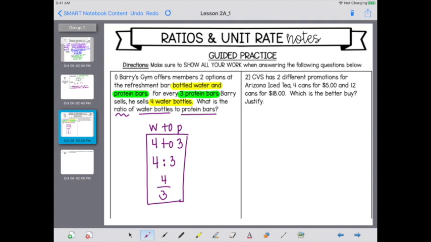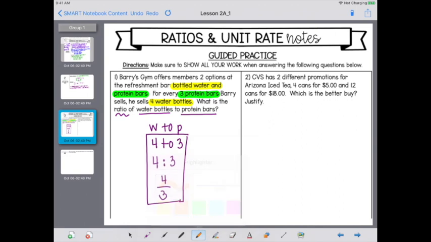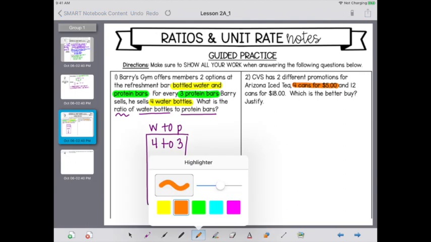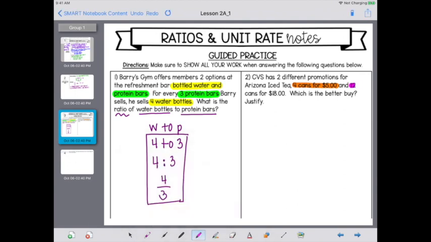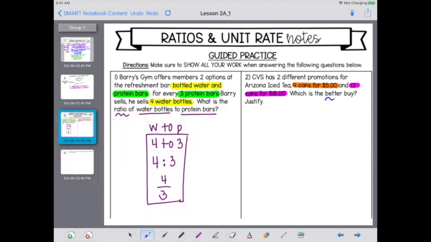So number 2, CVS has 2 different promotions for Arizona iced tea. 4 cans for $5. Then we have 12 cans for $18. So we need to see which one is the better buy. In order to find the better buy, this should be a hint at finding the unit rate.